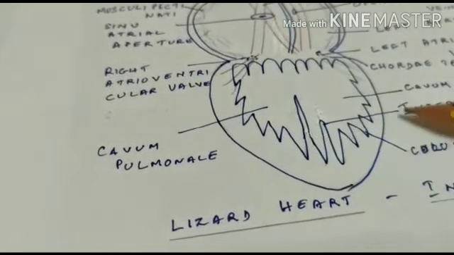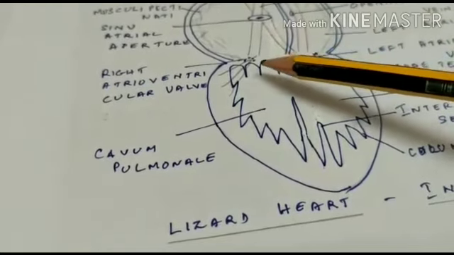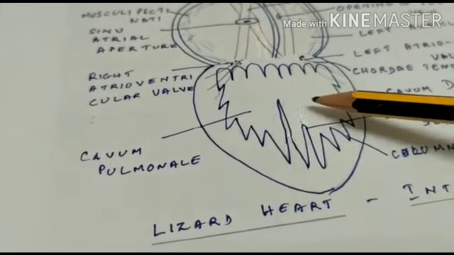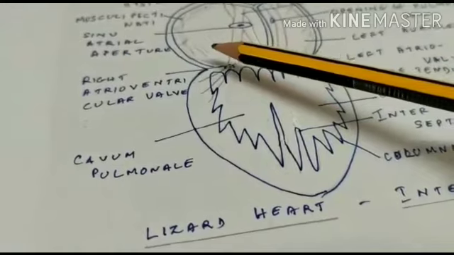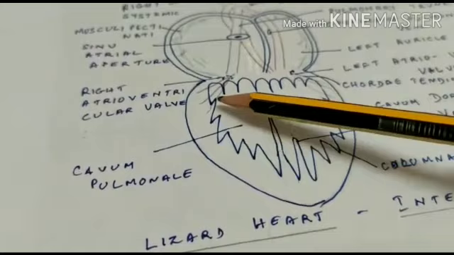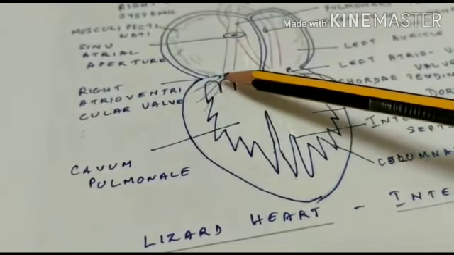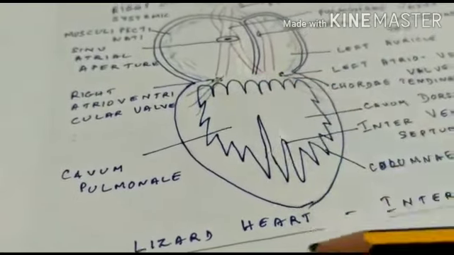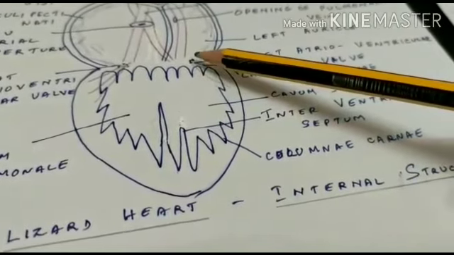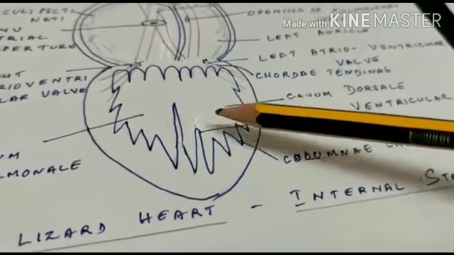The ventricle, of course, is a single chamber, and between the auricles and the ventricle there are certain valves. So the right auricle opens into the right side of the ventricle by the right atrioventricular valve, which is lodged in the opening known as the aperture, and the left atrioventricular valve guards the aperture between the left auricle and the left side of the ventricle.